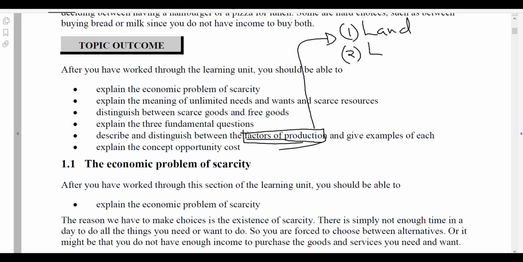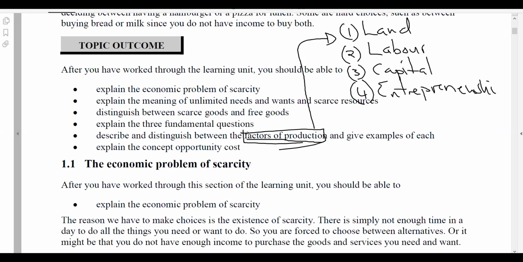You need labor. You mentioned workers, so this is classed under labor. You also need to use capital. And then lastly, entrepreneurship skills. So these are the four factors of production.